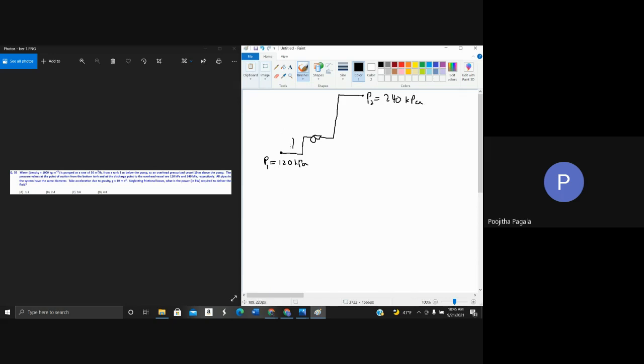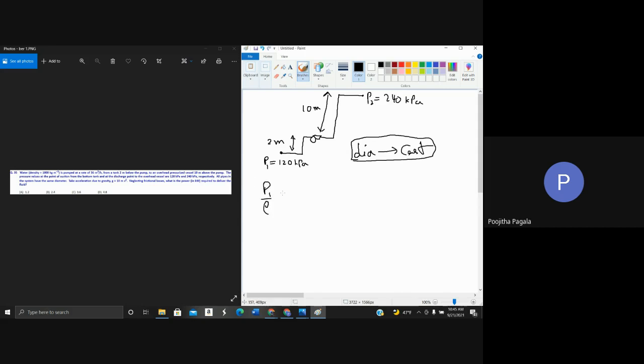And this height is given to be 2 meters, and this height is 10 meters. They have also mentioned that the diameter throughout the system remains constant. So what is the significance of this? We'll find out after writing the equation.